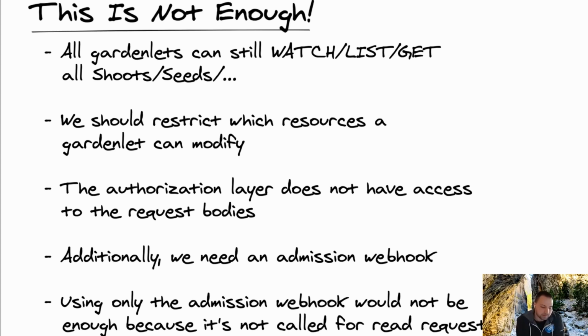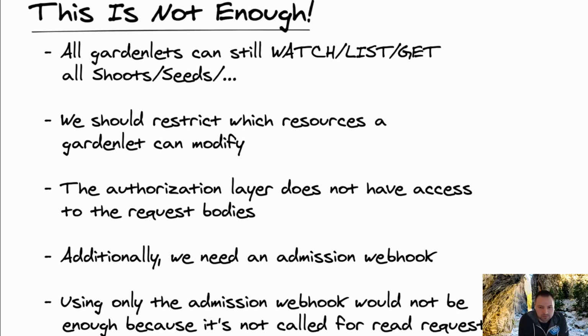So kubelets, which are only responsible for a particular node, can also see all other pods, even if they are scheduled on other nodes. So there's not much that we can do on our side. At this point, we would need to get in touch with the community and somehow enhance the API to make it possible to also restrict this read access.